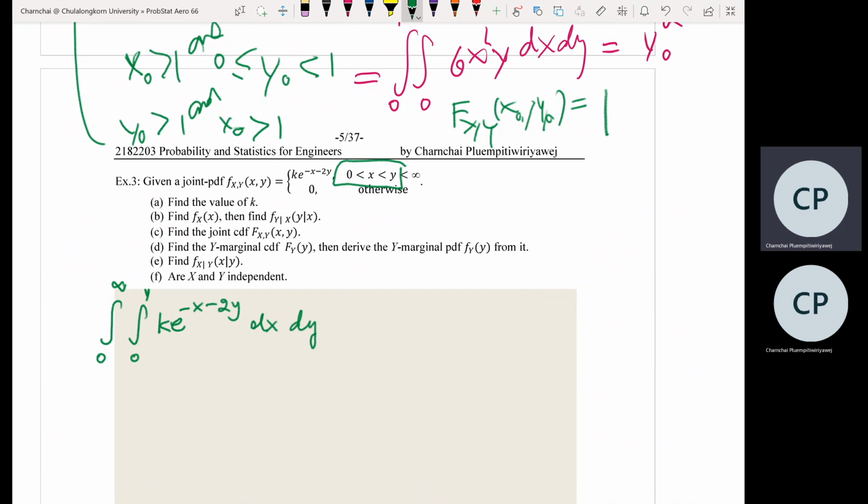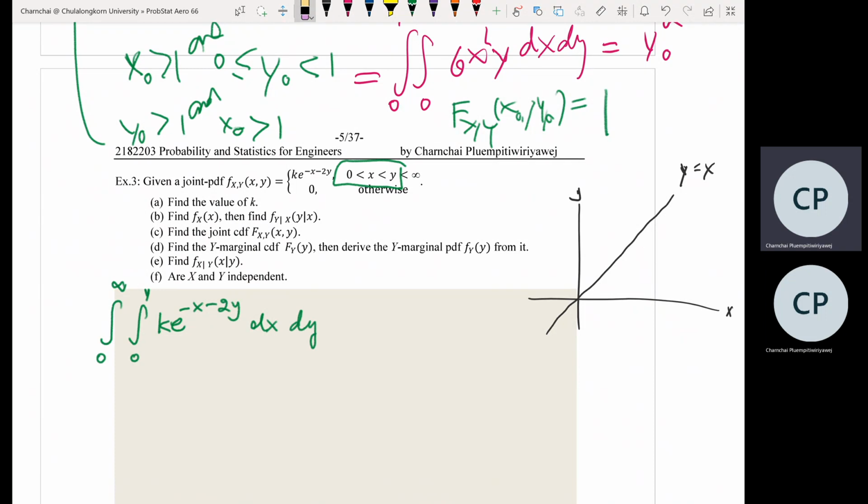This is x, this is y, and x has to be less than y, with y going from 0 to infinity. No, that is x more than y.